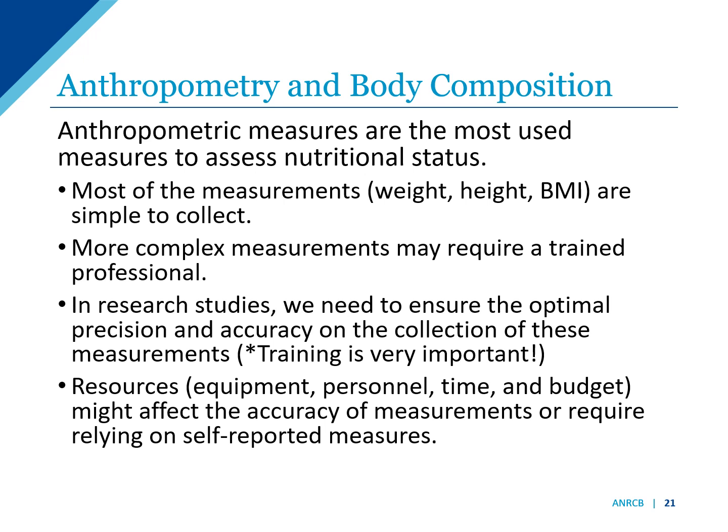And in that case, that's where training personnel of research studies is very important. But the resources that you have in your study, equipment, personnel, time, and budget, might affect the accuracy of measurements or require more of a reliance on self-reported measures if you're unable to provide the resources for different types of measurement tools.